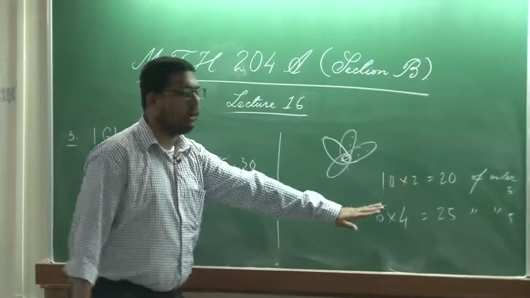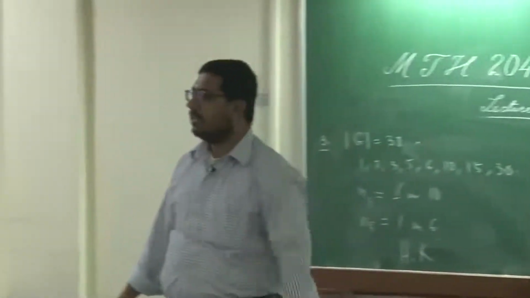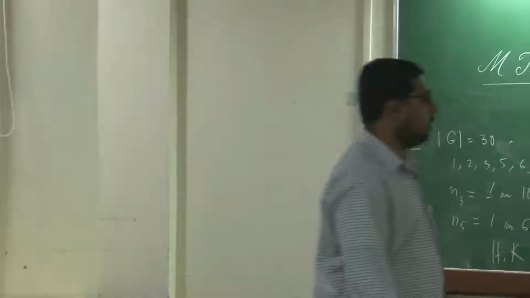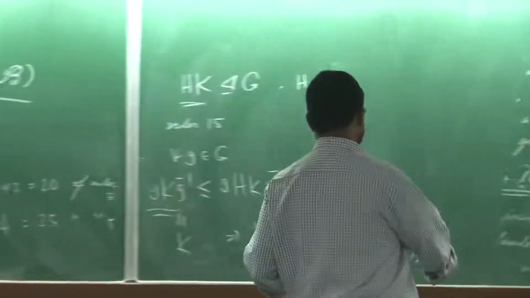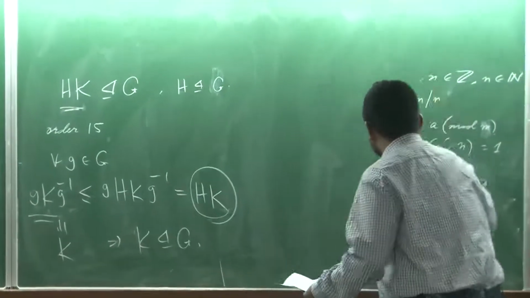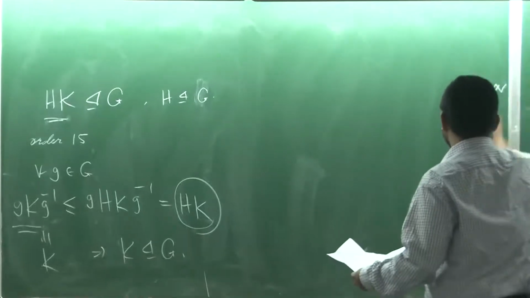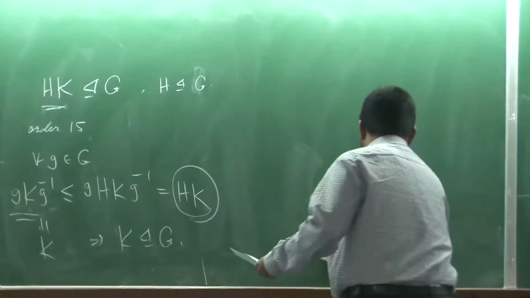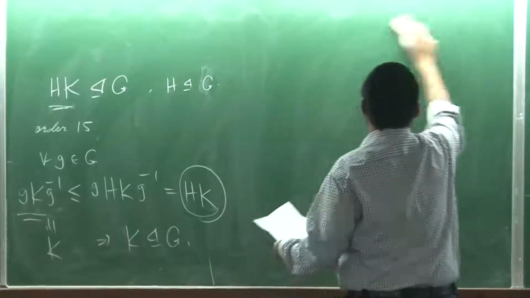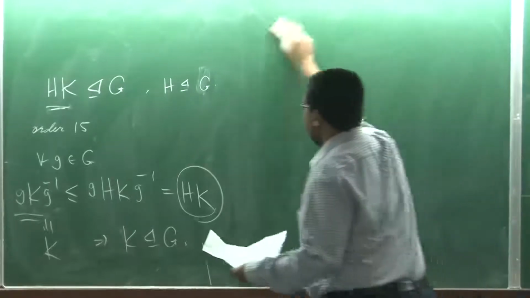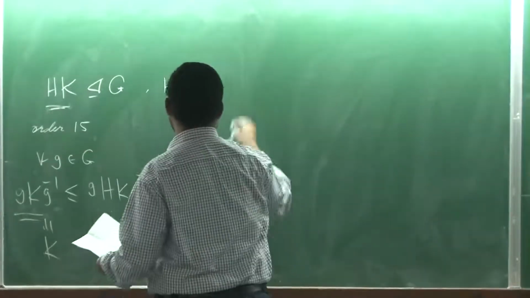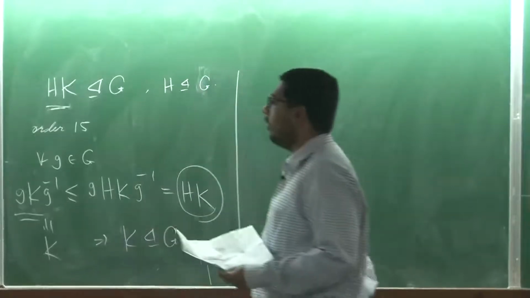So far this is what we obtain as an application of Sylow's theorems. So we are going to see what useful information we can extract using Sylow's theorem. So this is what we can do for groups of order 30.